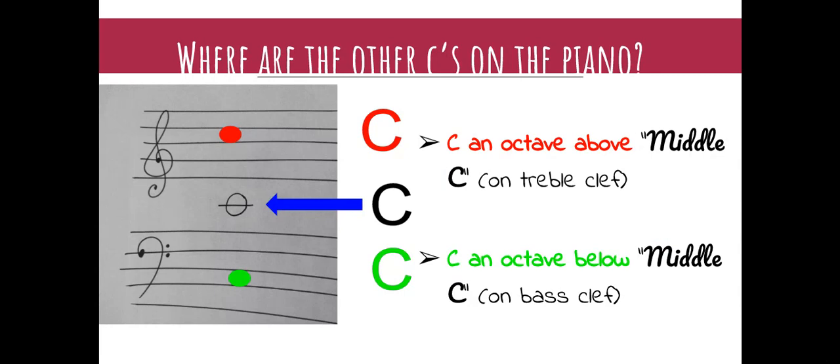So you can see it here where I've written it on the staff in the next slide. You can actually count, you've got middle C in the middle between the bass clef and the treble clef. And the C above is on the third space, exactly 8 notes above, and that's coloured in red. And the C which is below, I've coloured in green, and that's sitting in a space as well.